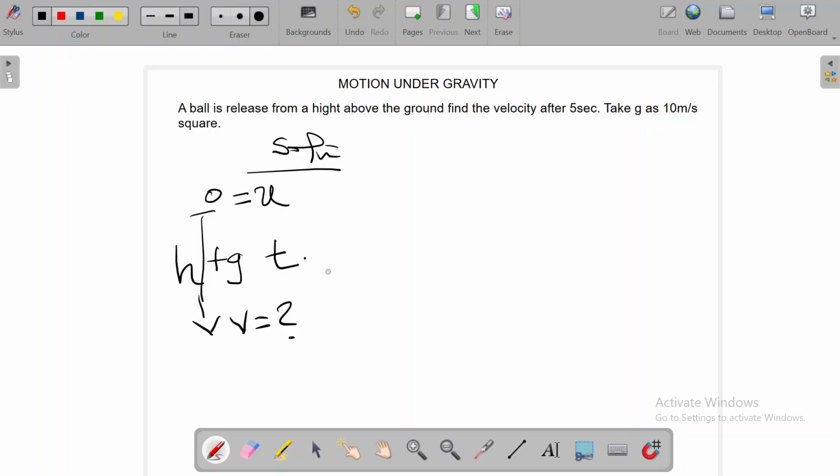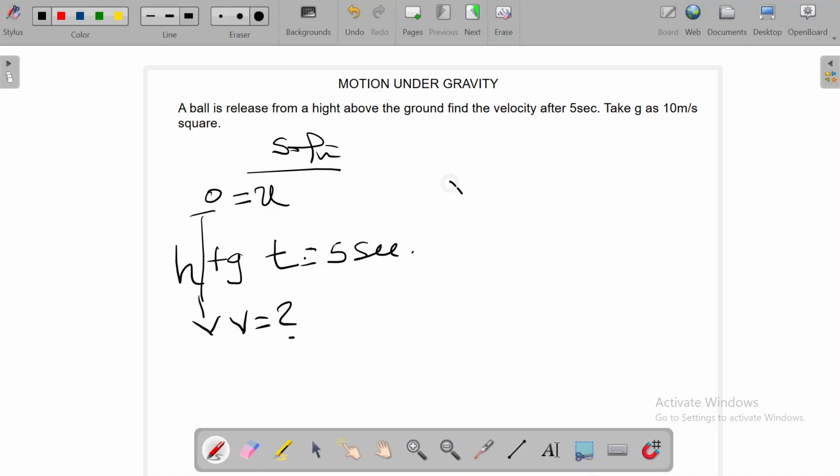So all these variables, I will test with the equations of motion and see which would work. Time was even given to me, which is 5 seconds. Take g to be 10 meters per second square. We know the value of g.